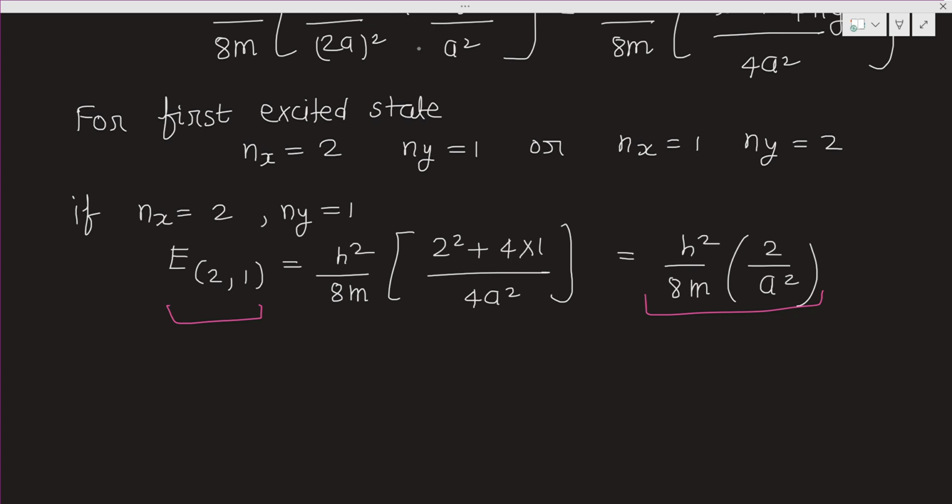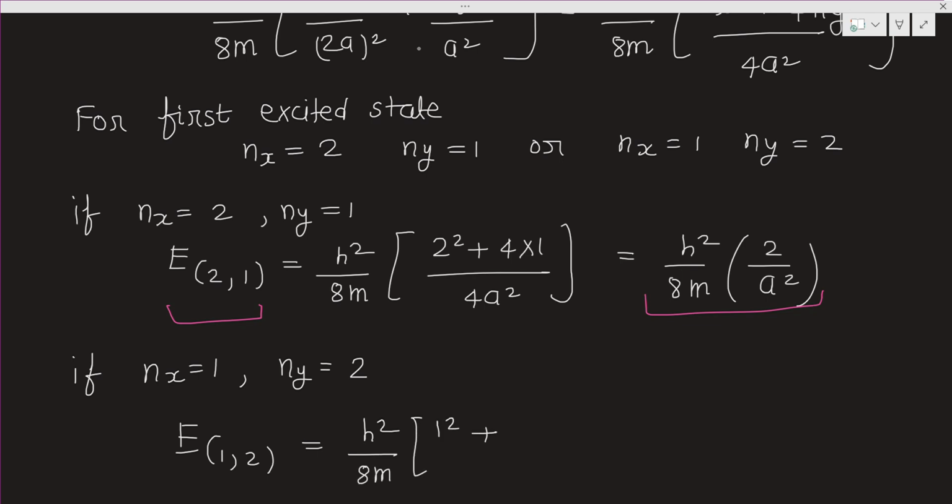Now you can see the second case, if nx is equal to 1. We should try for both the possibilities, because any of the conditions may have the lower energy, so that will be the first excited state. Now you have to put nx is 1, so 1 square here plus 4 into 2 square upon 4a square.